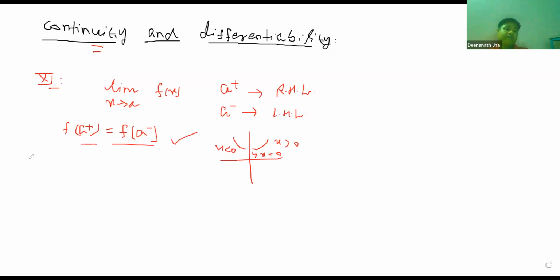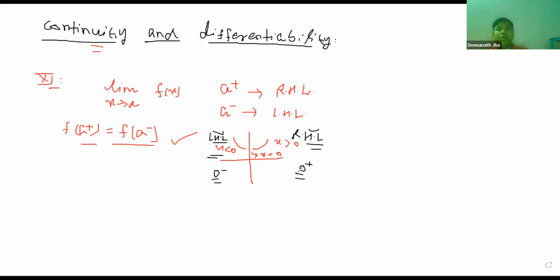This is LHL and this is RHL. When LHL and RHL, that is 0 minus and 0 plus, are both equal, then the limit exists.